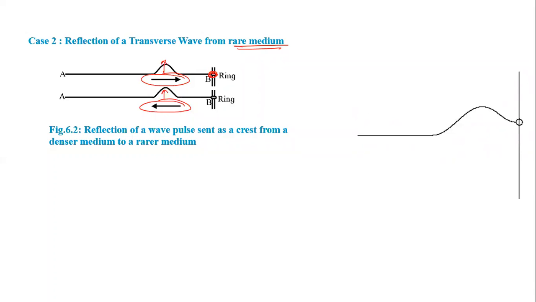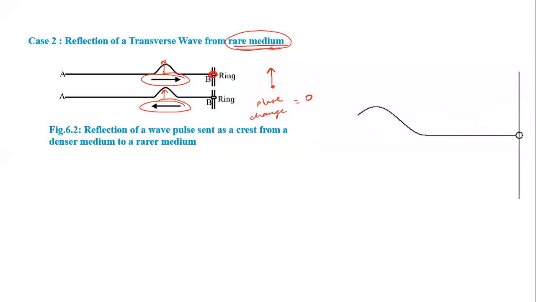The particle velocity does not change. So obviously the phase change is 0 degrees, or we can say that the incident wave and reflected wave are in the same phase when they are reflected from a rarer medium.